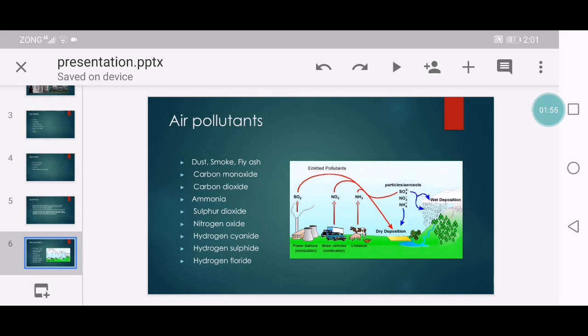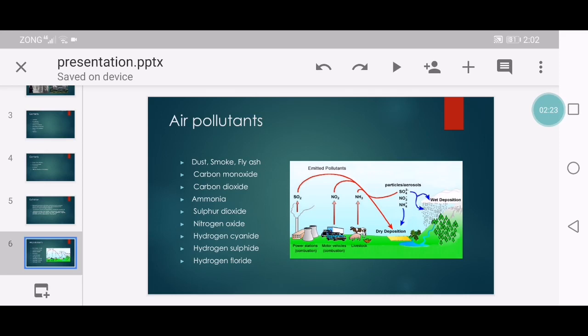And then air pollutants. What are air pollutants? Air pollution is the contamination of the indoor or outdoor environment by any chemical, physical or biological agent that enters into the air, or some liquid particles and gases that are suspended in the air.